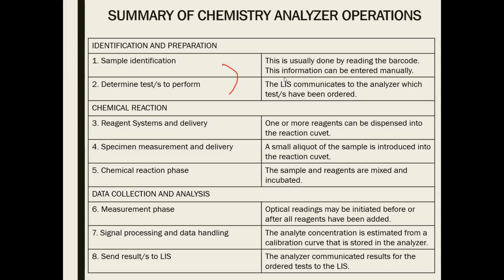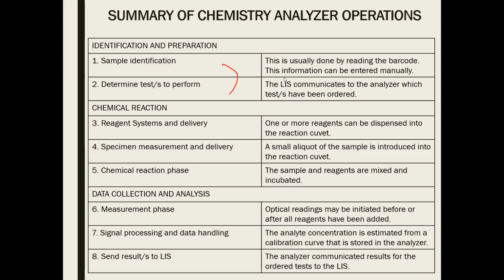When we said chemical reaction, this is the time that we are doing your analytical phase. Reagent systems and delivery, one or more reagents can be dispensed into the reaction vessel or reaction cuvette. Specimen measurement and delivery, a small aliquot of the sample is introduced in the reaction cuvette. Chemical reaction phase, no? A sample and reagent is mixed and then incubated for the analysis.